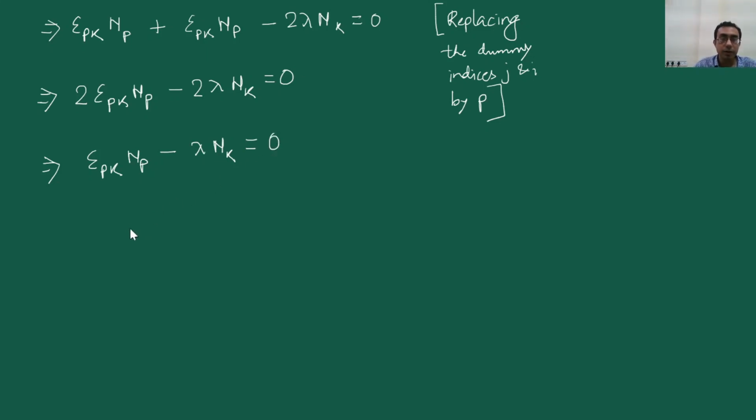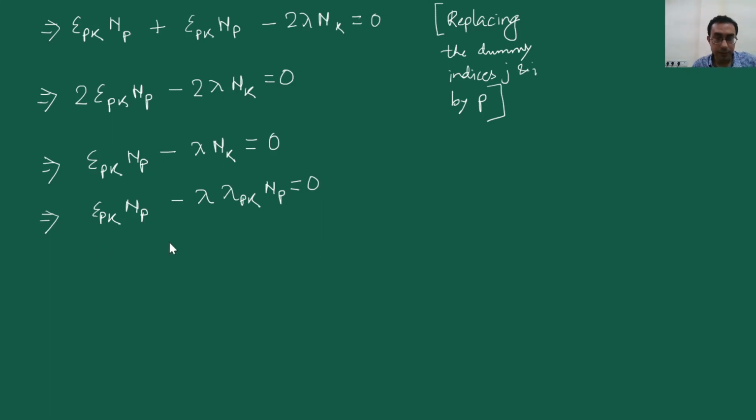Now what we'll do is we'll once more use the power of the Kronecker delta to make this nk to be np, and we'll take the np common. That is the motivation. So this is epsilon pk np minus lambda delta pk np, and in the next step we'll take this as common.